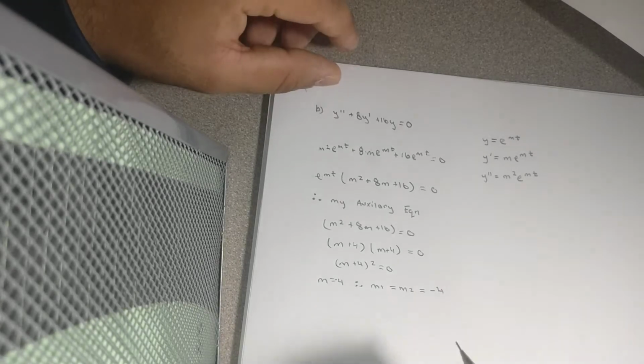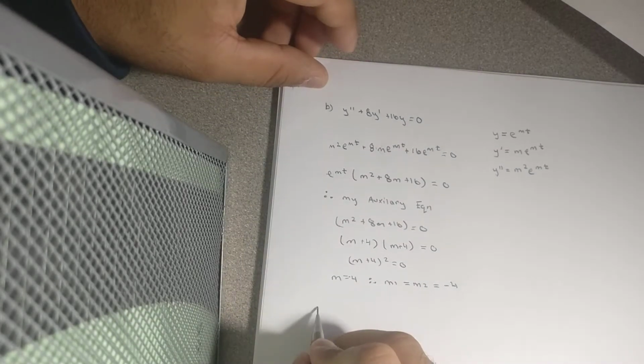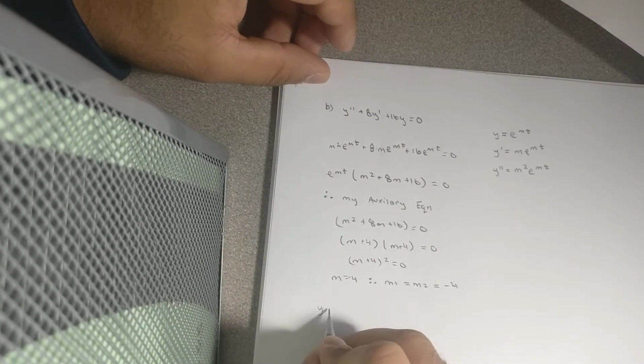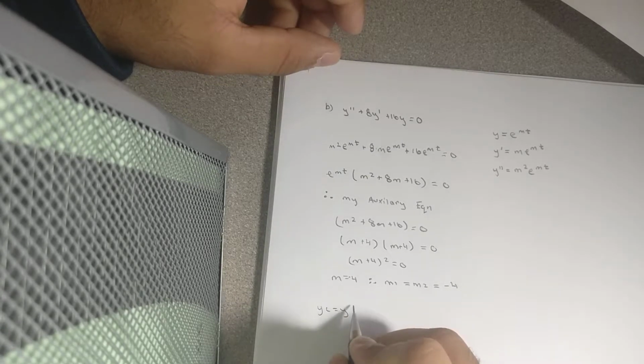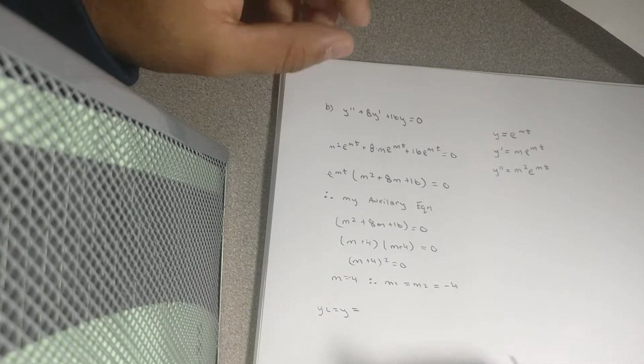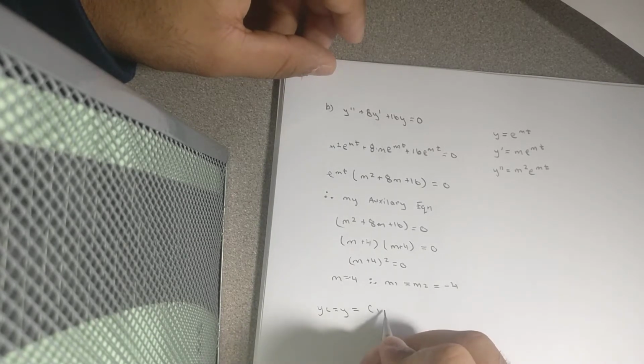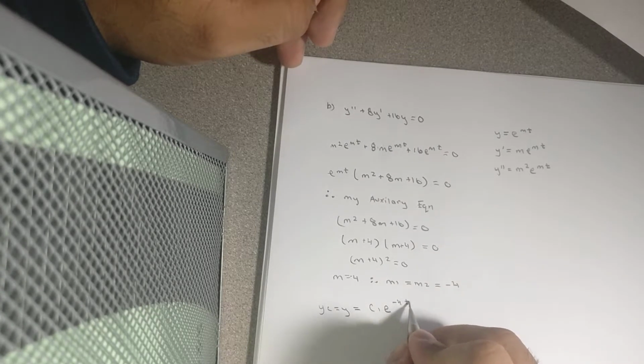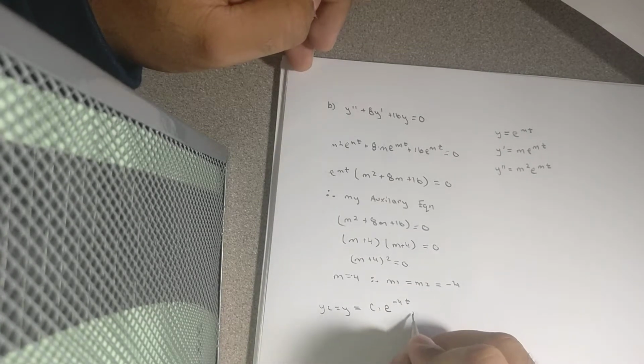So I'll write down what I'm talking about here. Our solution for this case is going to be y_c, which equals c1 e to the negative 4t, our first root again, and then for our second root we're just going to add it on.